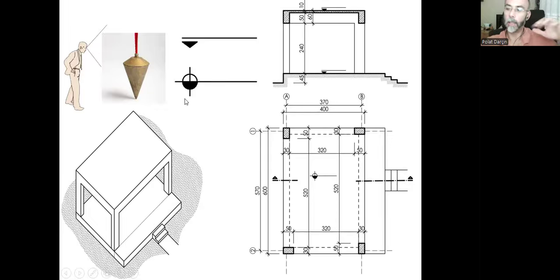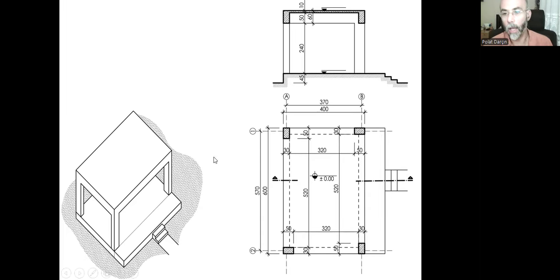That means that's the level of unfinished surface, reinforced concrete surface, and there will be finishes over that, but not yet. Obviously, we don't have these decisions. And we are going to put the levels in meters this time. As you can see, I start with plus and minus 0.00 because that's the upper level of my ground floor. That's our zero level.